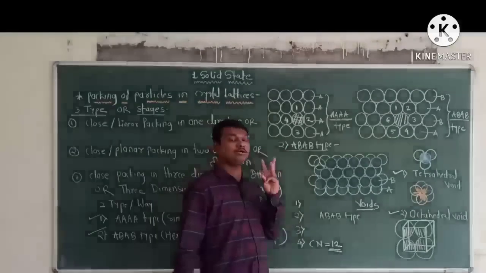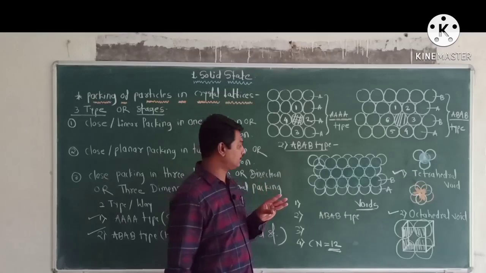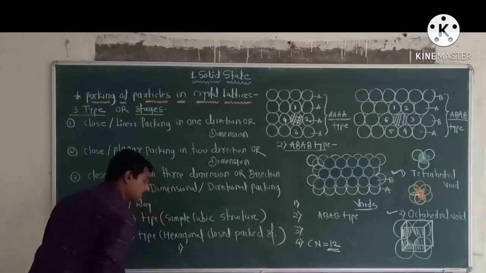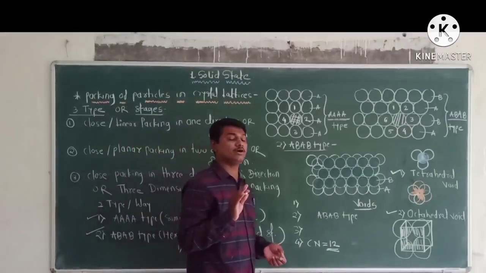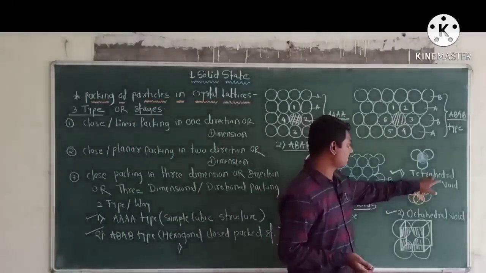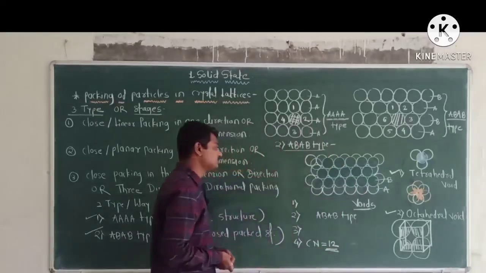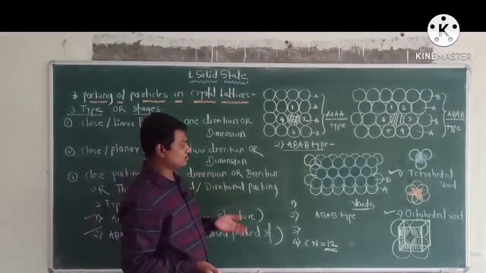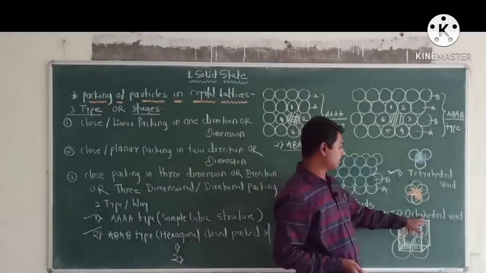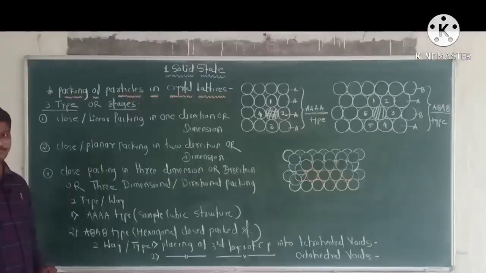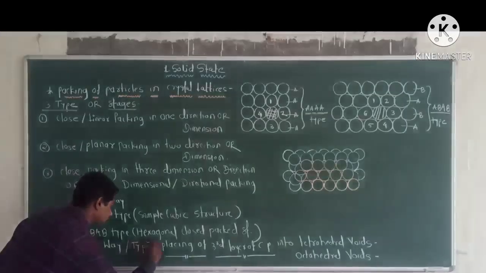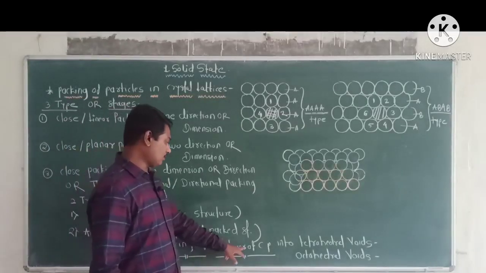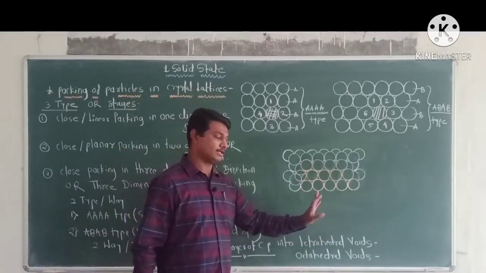The first way is placing a third layer of constituent particles into tetrahedral voids, and the second is placing a third layer of constituent particles into octahedral voids. Now start with the first: placing a third layer of constituent particles into tetrahedral voids.